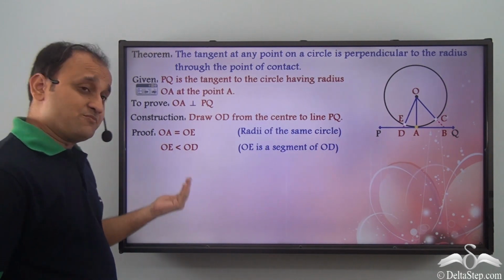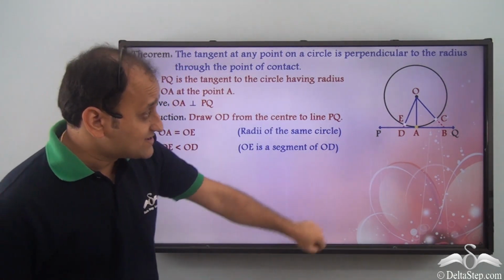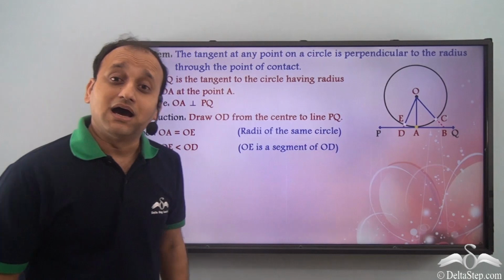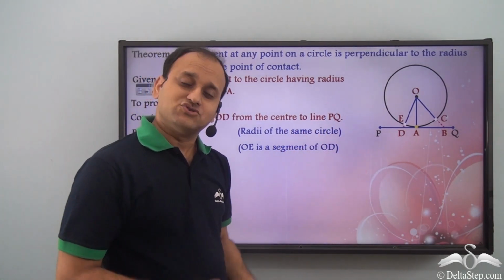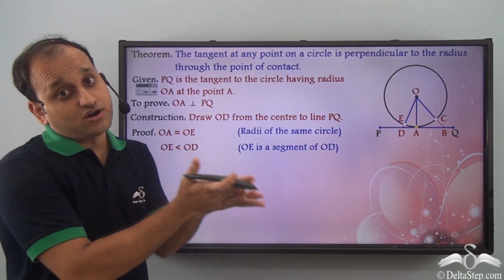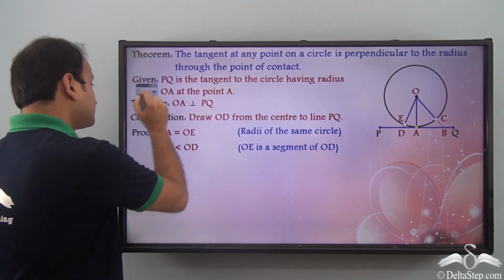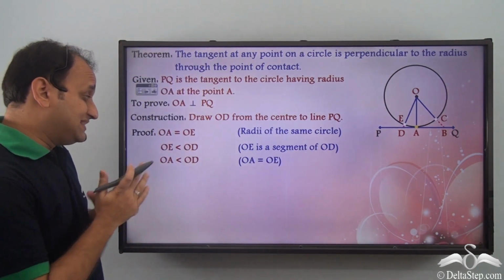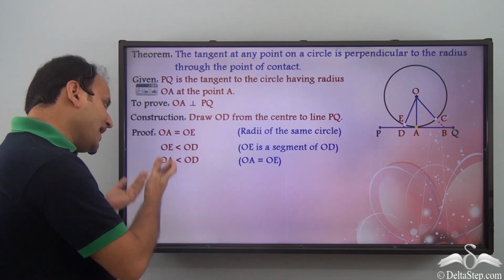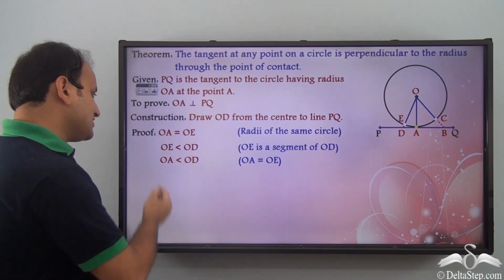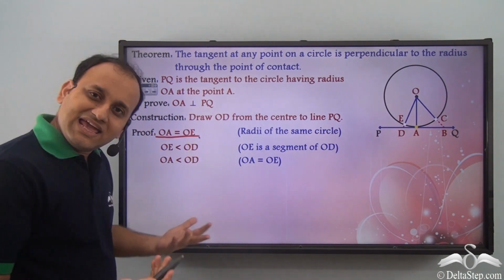Again, OE is smaller than OD because OE is a segment of OD. So from this we can conclude that OA is smaller than OD because OA and OE are equal in length.